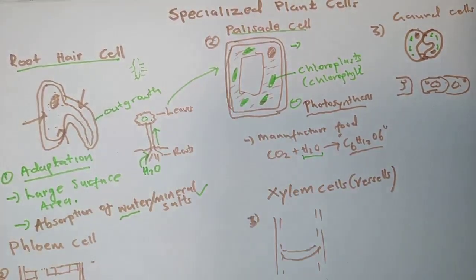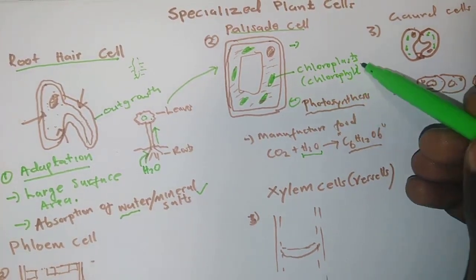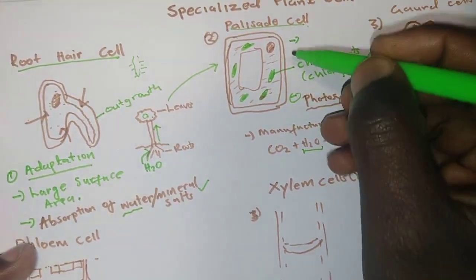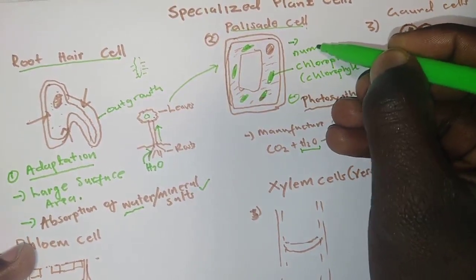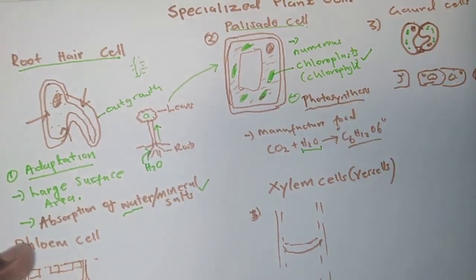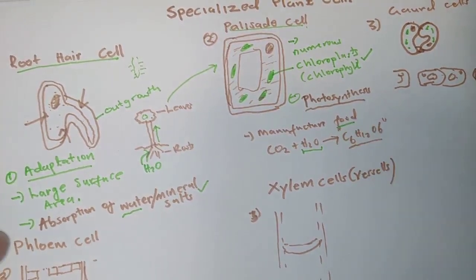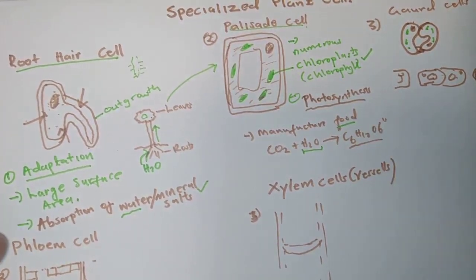For photosynthesis to take place, it needs chlorophyll, so you have these specialized cells called palisade cells that have numerous chlorophyll. Since they have numerous chlorophyll, they are able to carry out photosynthesis.